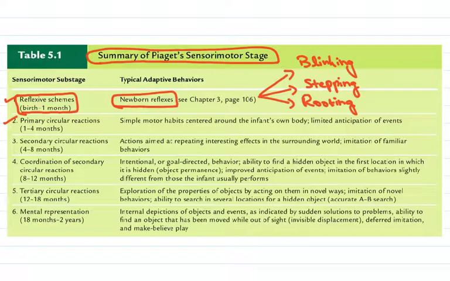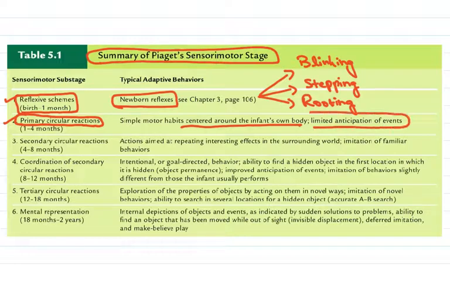Then, when we move from 1 to 4 months, we have something that Piaget called the primary circular reaction. We'll get to what a circular reaction is, but basically, what's happening in this stage is that there are simple motor habits centered around the infant's own body, and there's limited anticipation of events.